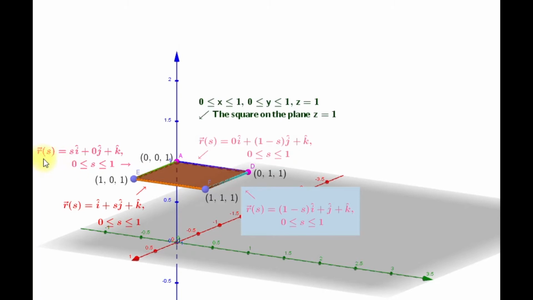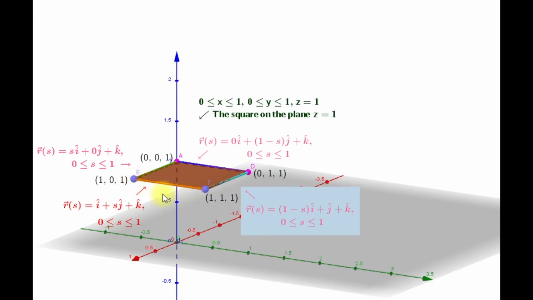So the vector valued function that represents this line segment is s i plus 0 j plus k, where s varies between 0 and 1. See, on this line segment only the x coordinate varies from 0 to 1. At the same time the y coordinate is 0 and the z coordinate is 1. So we have this vector valued function r of s equal to s i plus 0 j plus k, where 0 less than or equal to s less than or equal to 1.